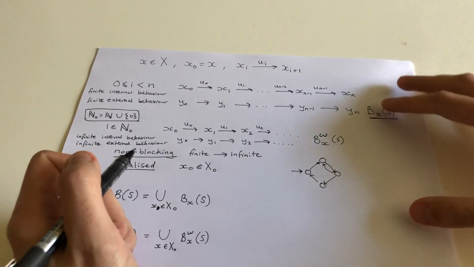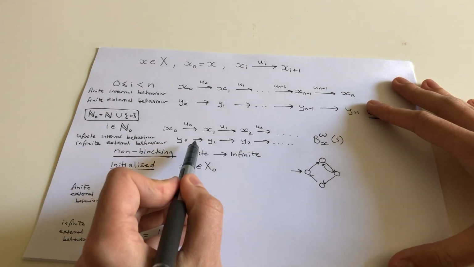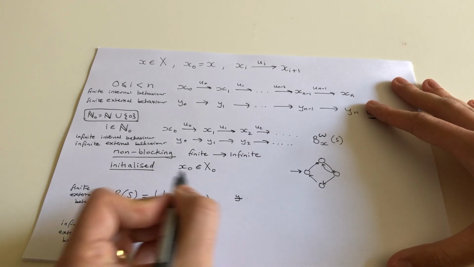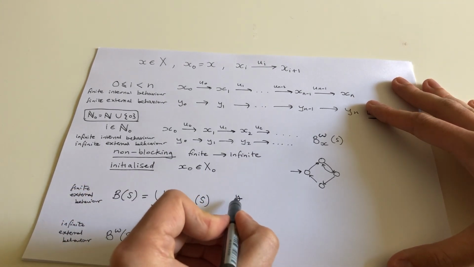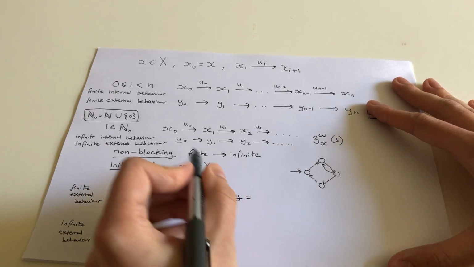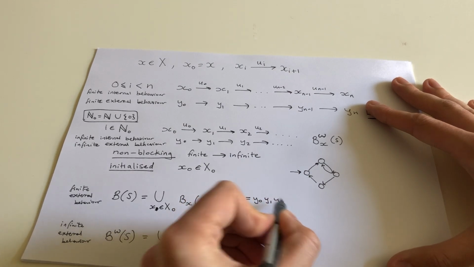So for this next part, I'm just going to denote this chain of external behaviours slightly more simply. So imagine this underline of the y is to signify that this is a bold y. And so this chain, we're just going to bunch them all up together, and we'll get this behaviour here.